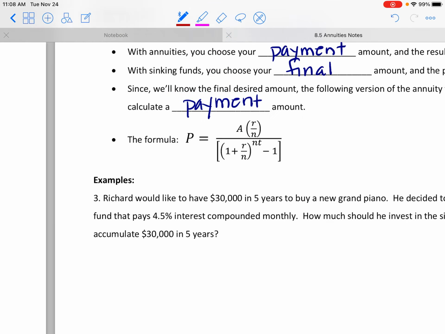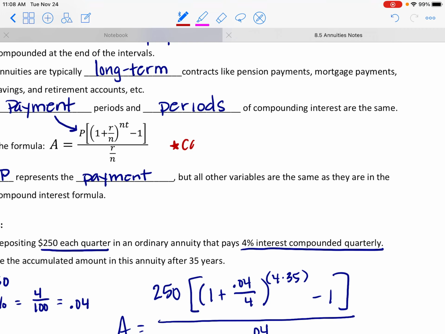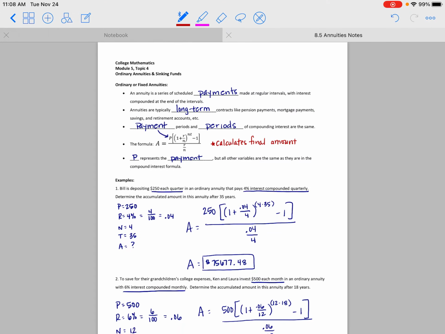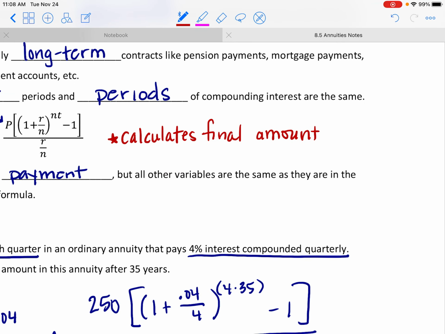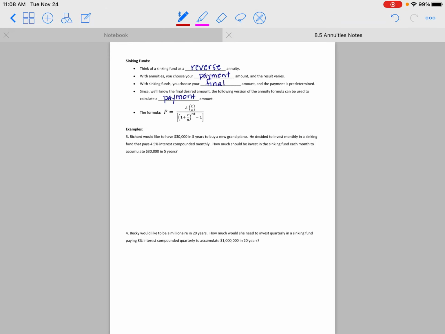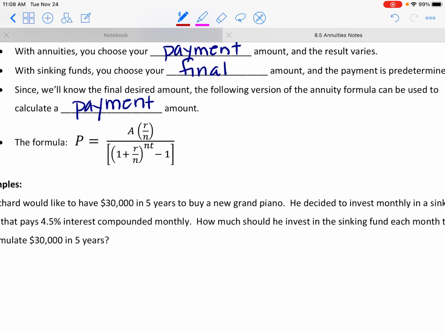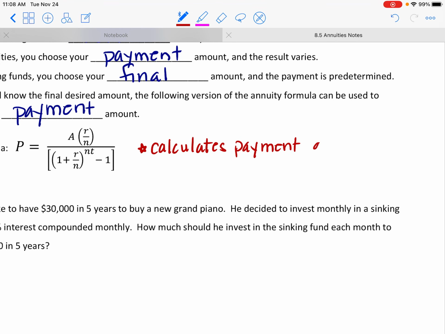This formula calculates the final amount knowing the payment amount, and the other version of the formula calculates the payment amount knowing the final amount.